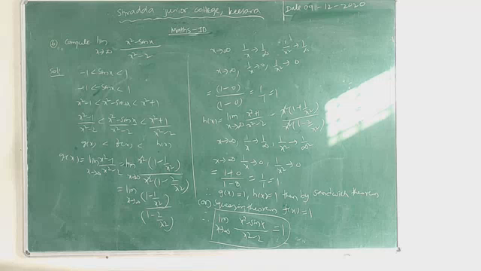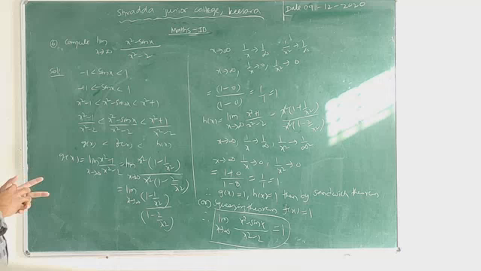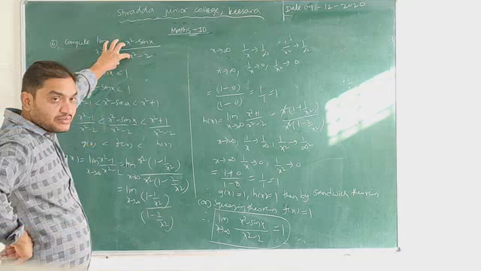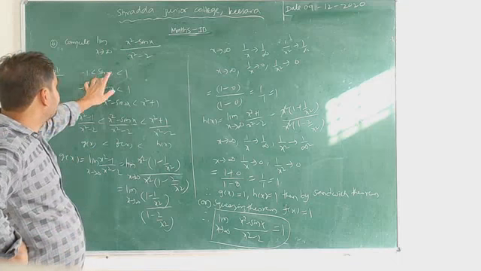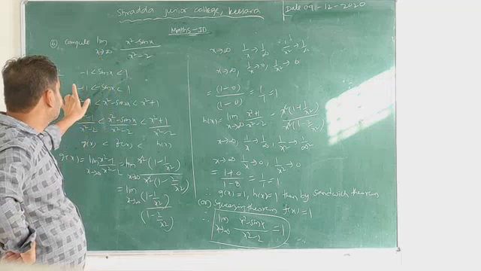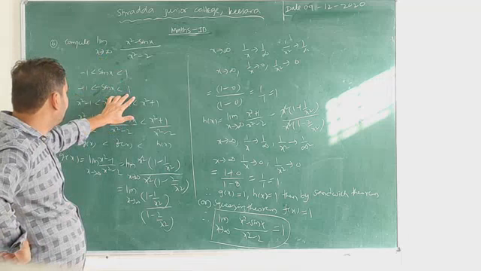Listen once again here. What is given here? Compute limit x tends to infinity, x square minus sin x by x square minus 2. Here sin x lies between minus 1 and 1. Minus sin x lies between minus 1 and 1.